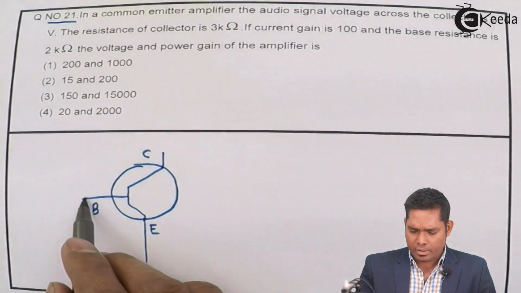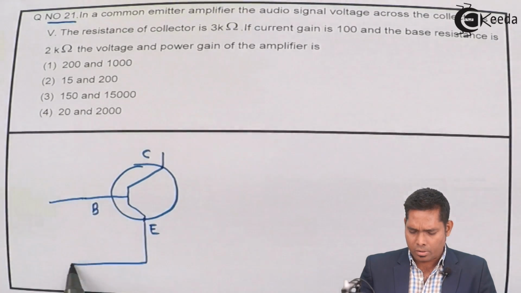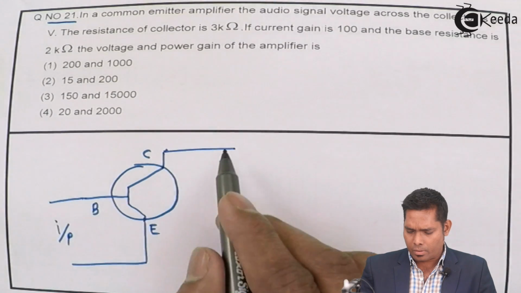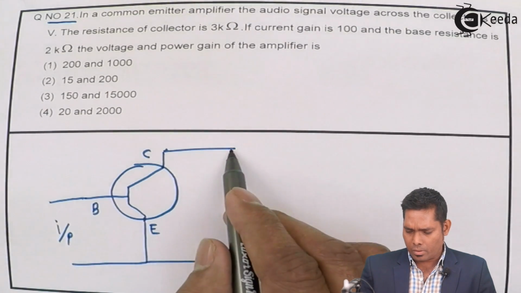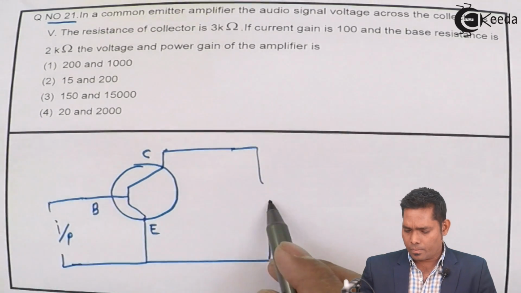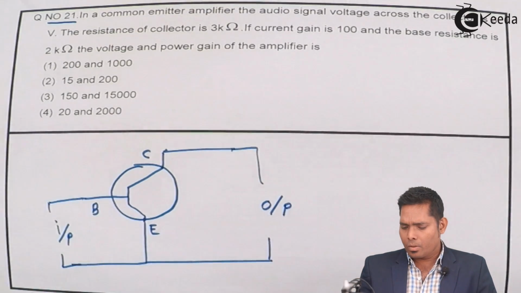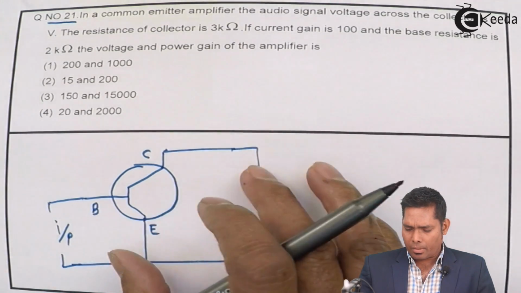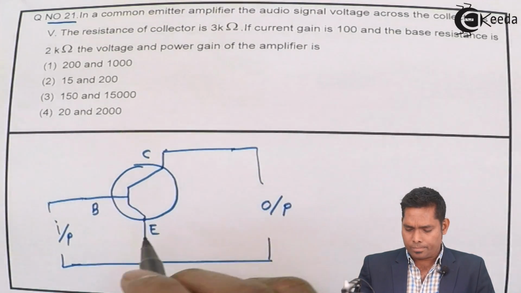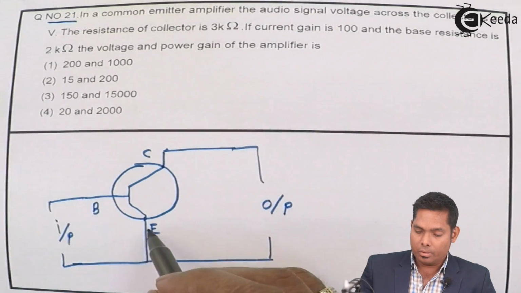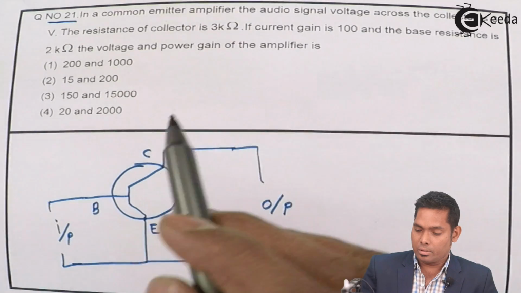So I'll connect, this is the input circuit and this one is the output circuit. The actual diagram is not required, just to have an idea of how a common emitter looks, and this is the base, this is the collector.